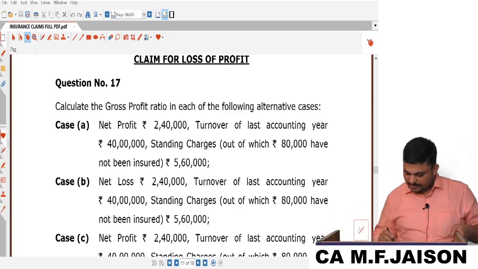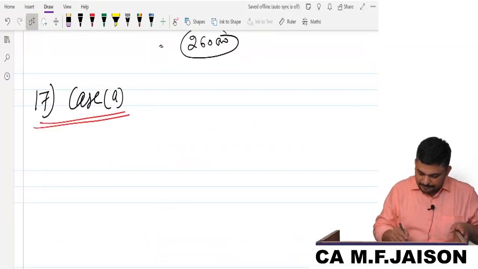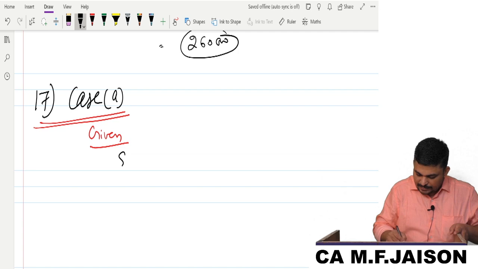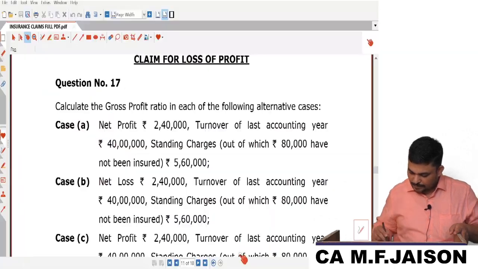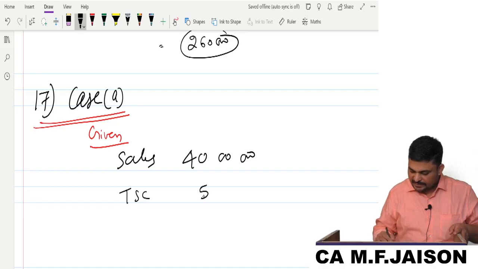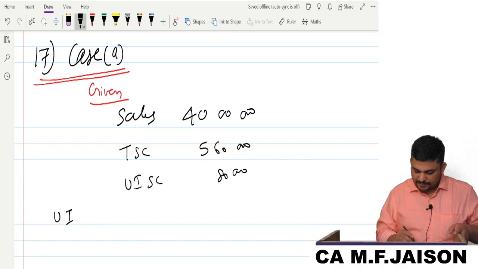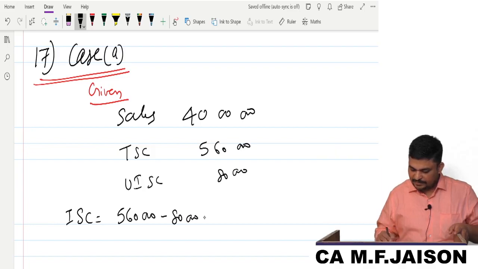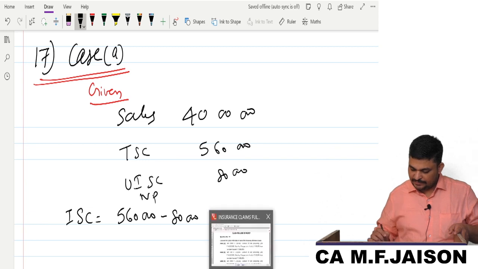So proceeding further, my dear friends, the given data: sales 40 lakhs, total standing charges 5,60,000, uninsured standing charges 80,000, net profit given.